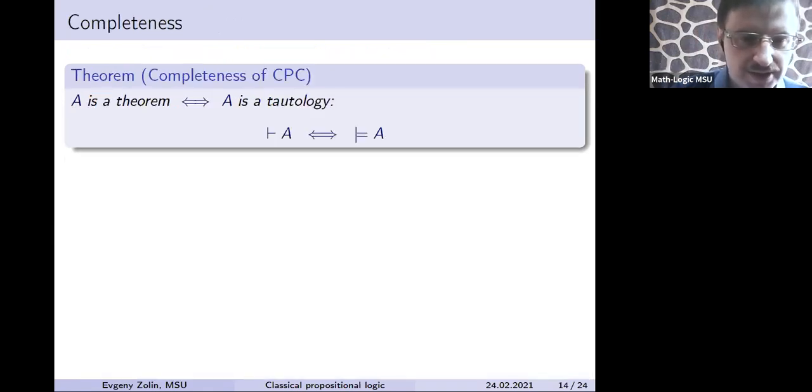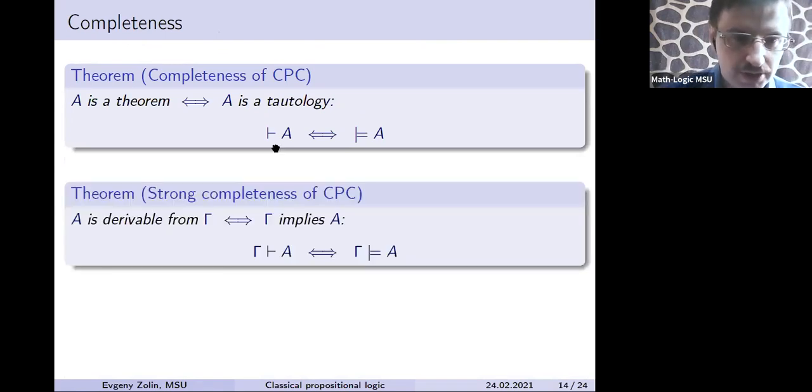So this was a completeness theorem from our previous slide. And this is a new completeness theorem, a strong completeness. A formula is derivable from gamma, or provable from gamma, if and only if it follows logically.